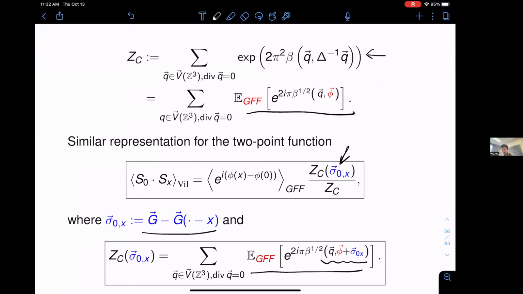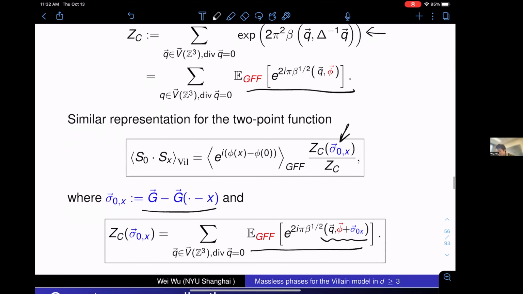This is basically the work of Christophe Garban and Avelio Sepúlveda in 2 dimensions. And now if you want a precise asymptotics of the 2-point function, you basically want a precise asymptotics of this Coulomb gas functional, and that will give you a precise asymptotics of the spin-spin correlation function.